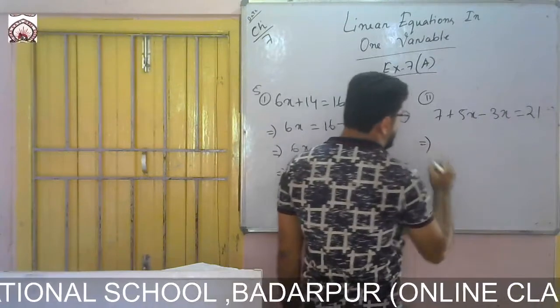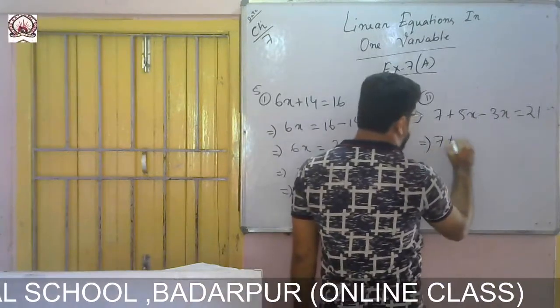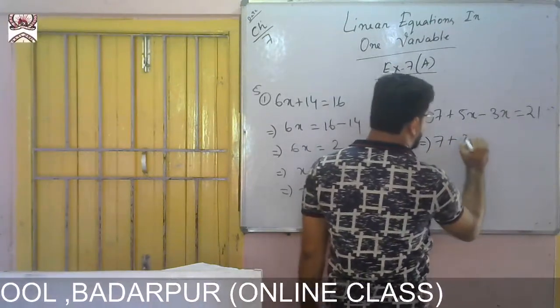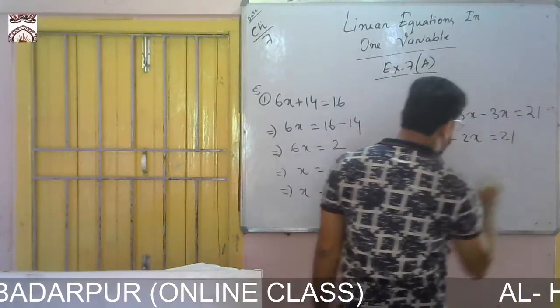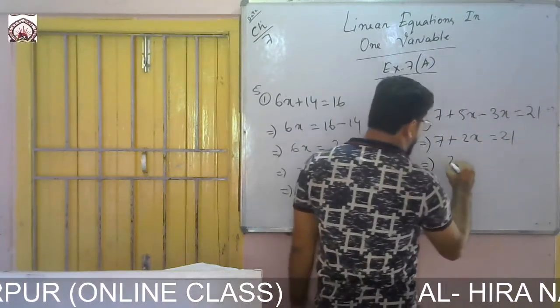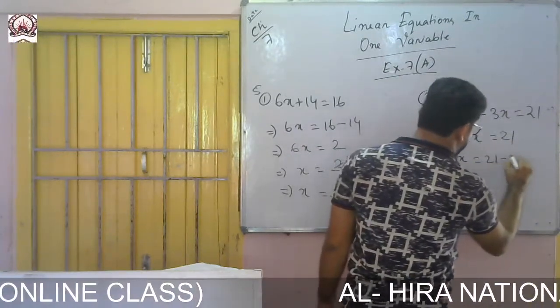So see, 7 plus 5x minus thrice x, it is twice x equals 21. So now twice x equals 21 minus 7.